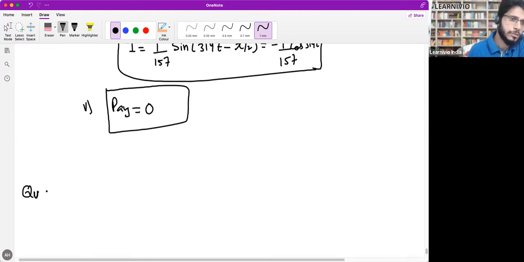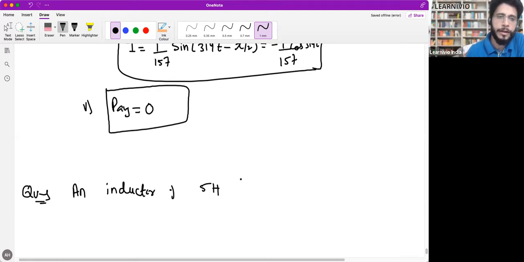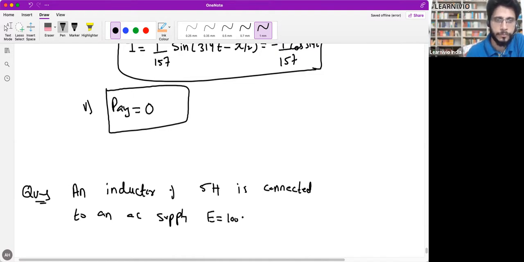So the next question is: an inductor of 5 Henry is connected to an AC supply of 50 volt and 50 hertz.